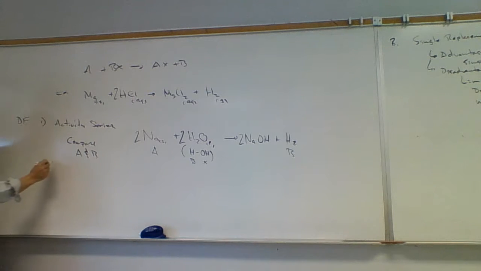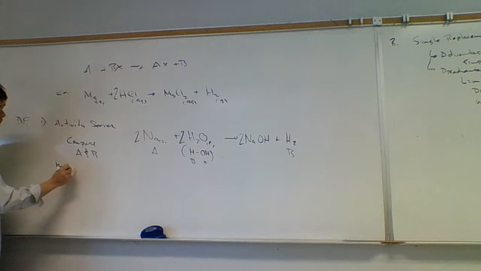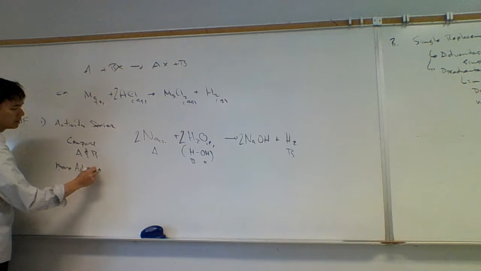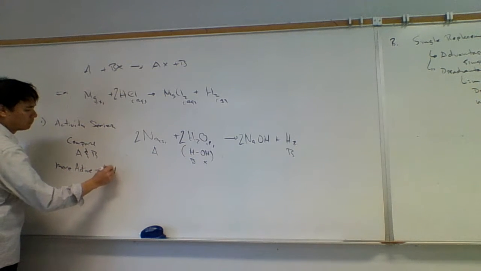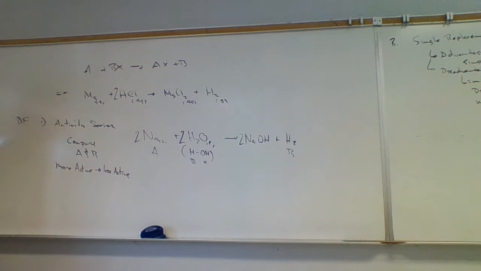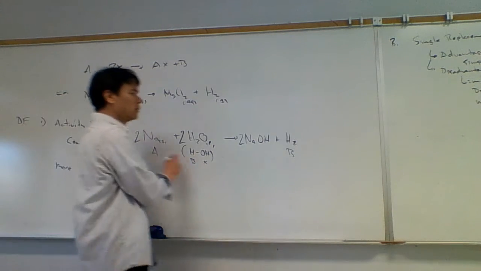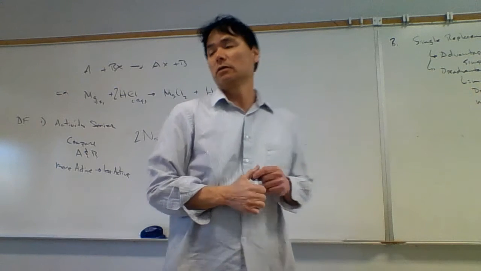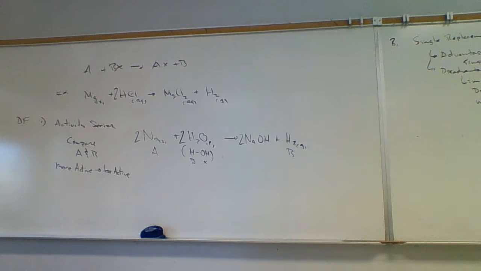What we want to do is go from more active to less active. And so we've got to look at which one's more active. Is the sodium metal more active or hydrogen gas more active? And so let's go back to the activity series here on the chart.